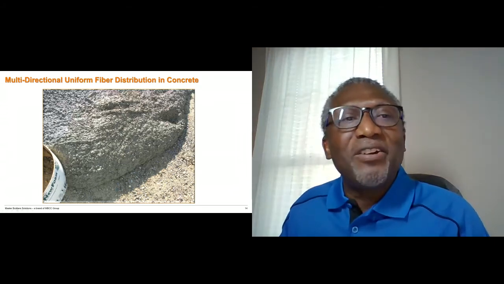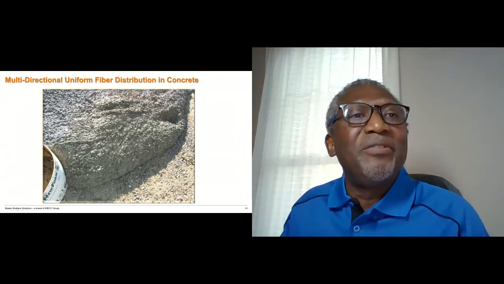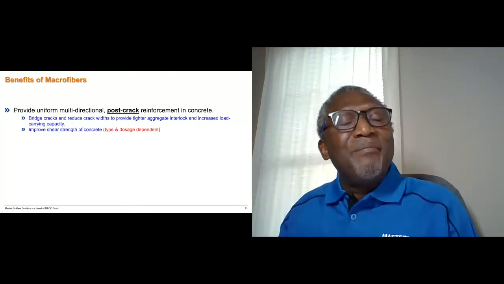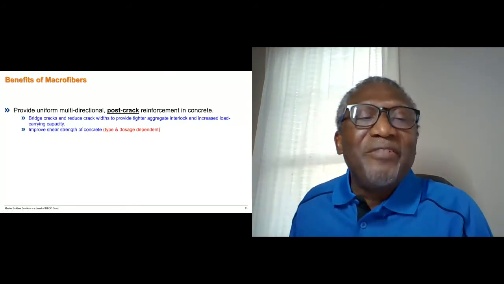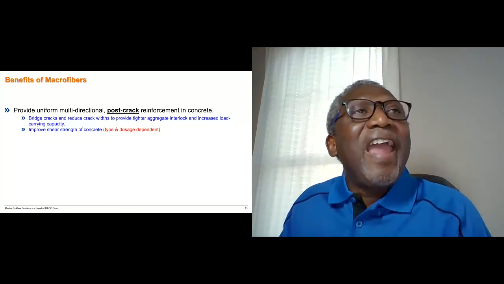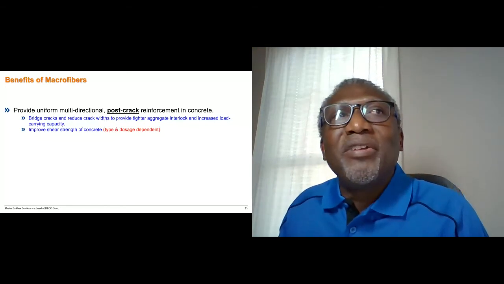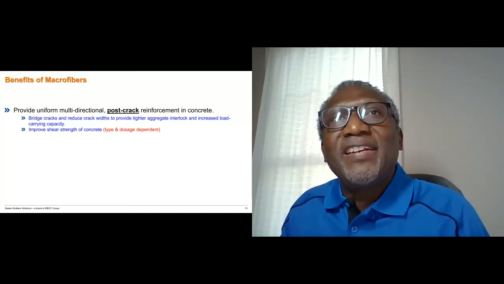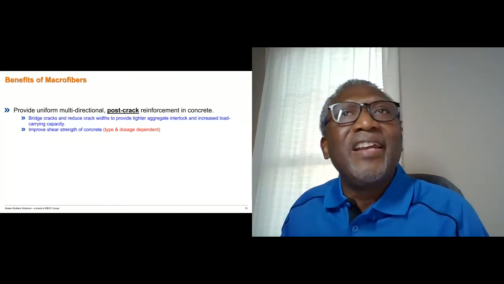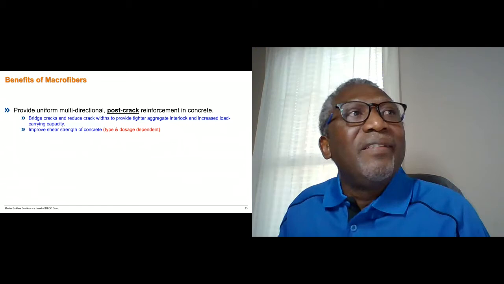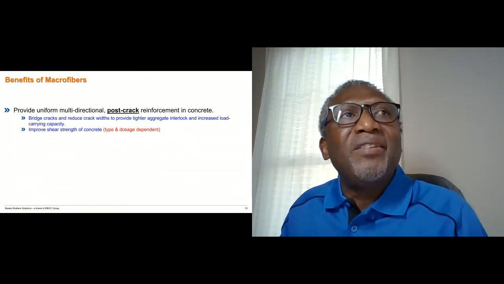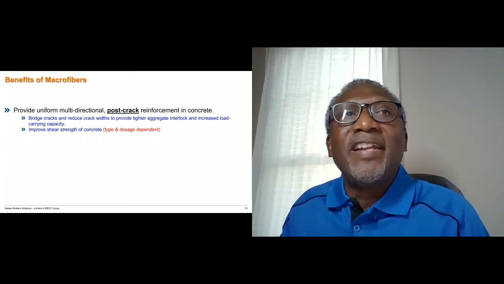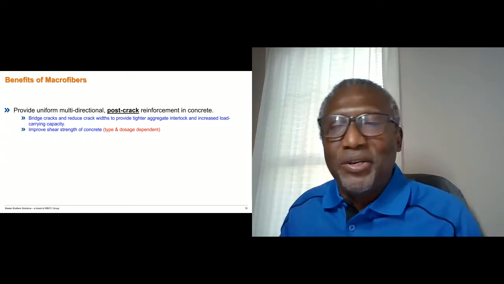So what are the benefits of fibers? Basically, they provide uniform multi-directional post-crack reinforcement within the concrete, and they bridge cracks, and this helps to reduce crack widths, which helps then with providing a tighter aggregate interlock and increased load carrying capacity. They also improve the shear strength of concrete, but this depends significantly on the type and the dosage of fiber that's used.